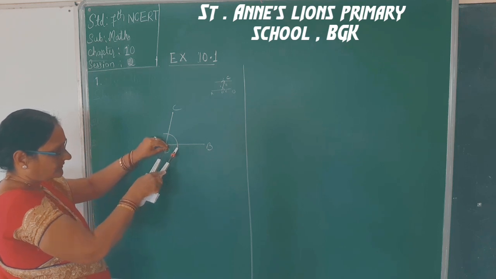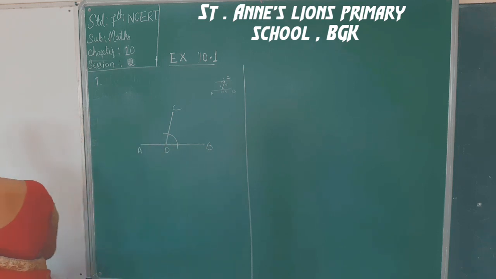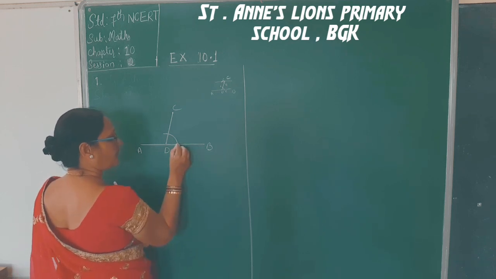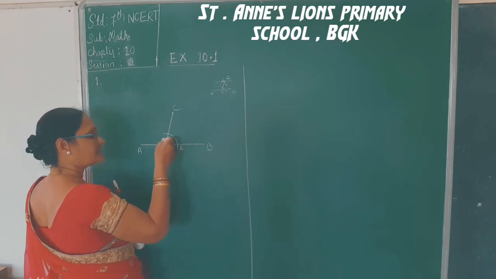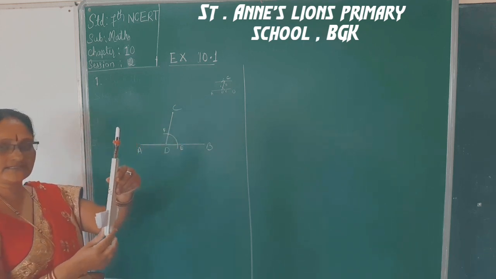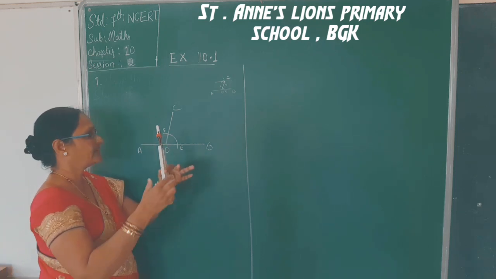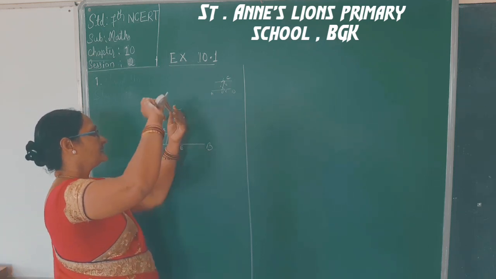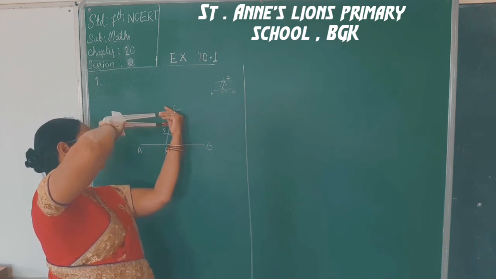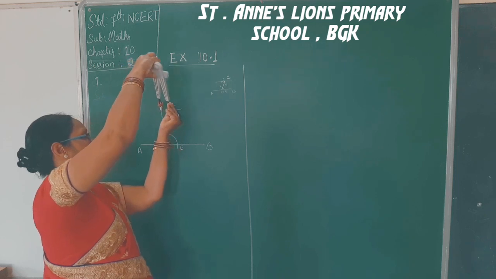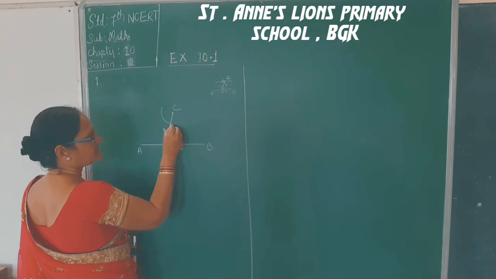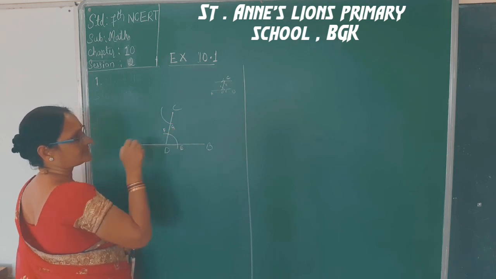The arc has to cut AB at point E and CD at point F. With the same radius, which I never disturbed, C as the center, draw an arc such that it cuts CD at point G.